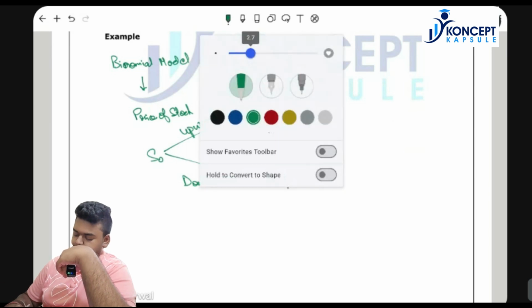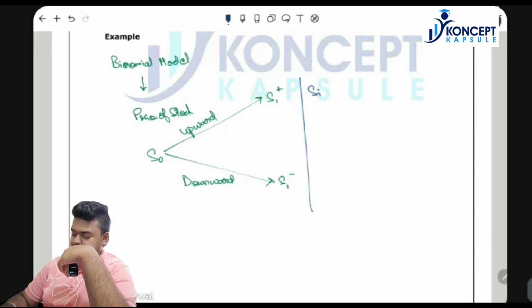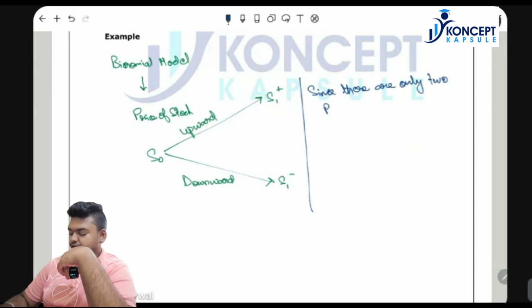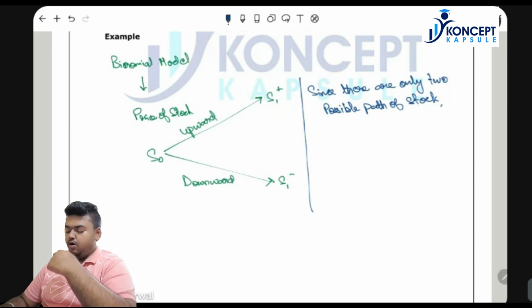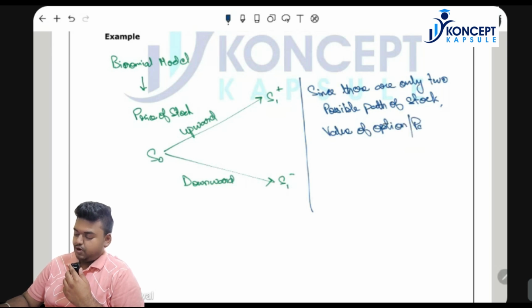Then, attached to it, it is also saying that since there are only two possible paths of a stock, the value of the option or the option payoff, what is payoff?